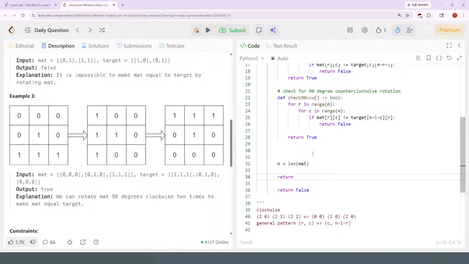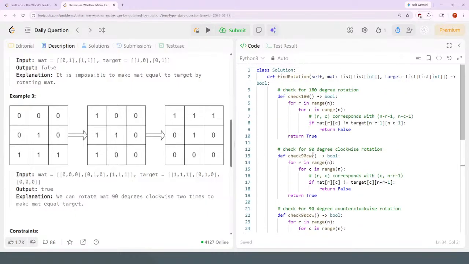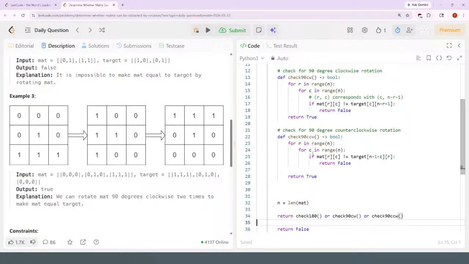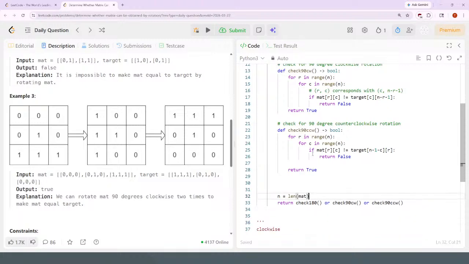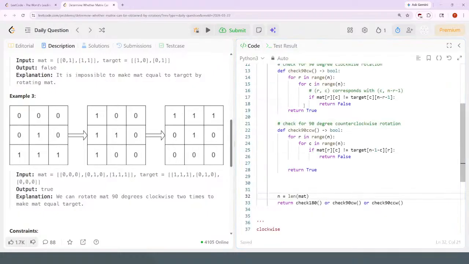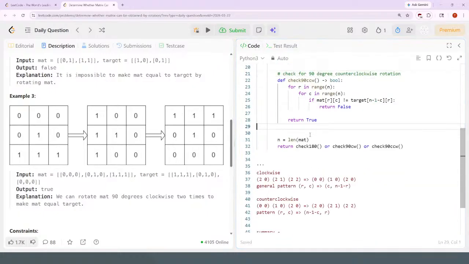Return check 180 or check 90 clockwise or check 90 counterclockwise. Okay, let's see if that works. Probably not. Oh. Ominous, ominous.